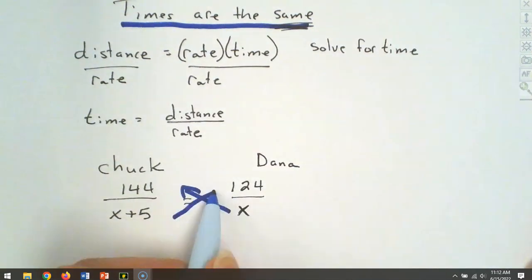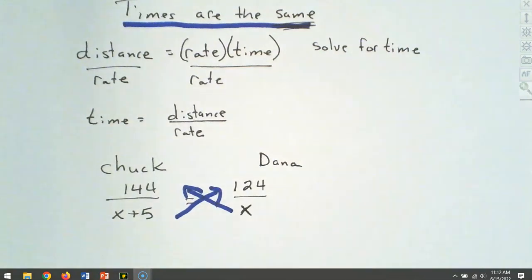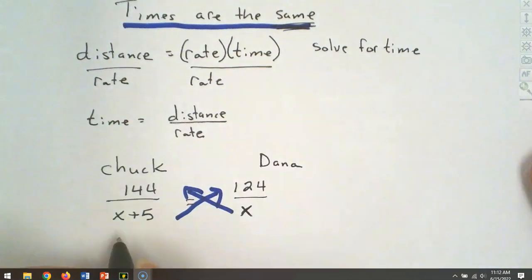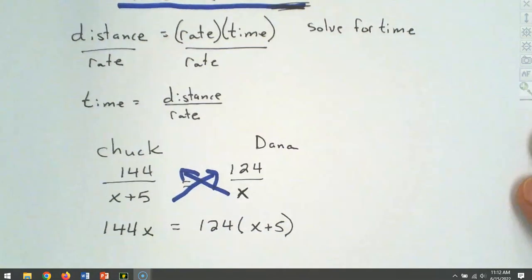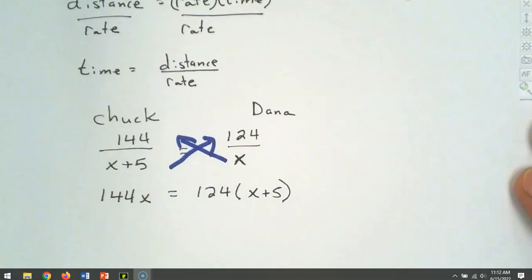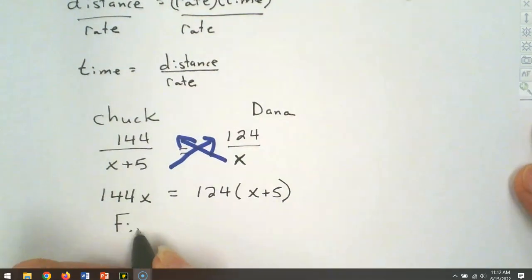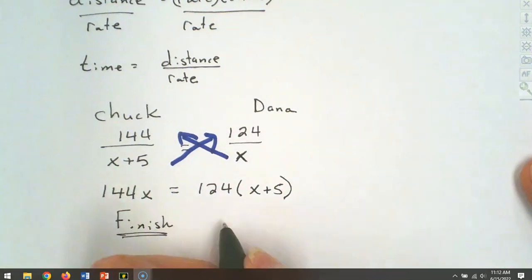We're going to have to cross multiply to solve this out. So we're going to go ahead and cross multiply, and that's going to give you 144x, and that's going to then equal 124 times x plus 5. And I think you can finish it from here. And you're going to have to solve it for x.